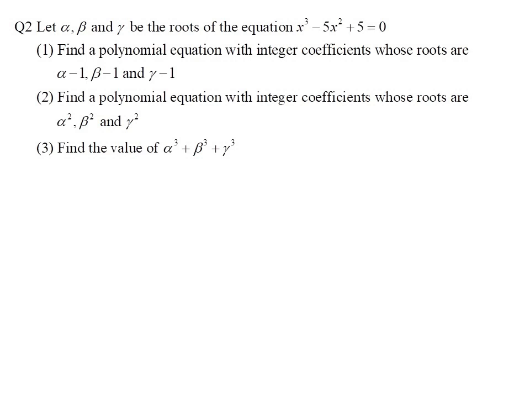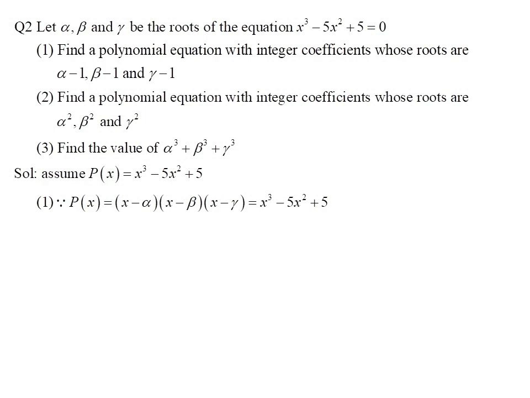Since alpha, beta, and gamma are the roots of the cubic polynomial equation, p(x) equals the product of (x minus alpha), (x minus beta), and (x minus gamma).